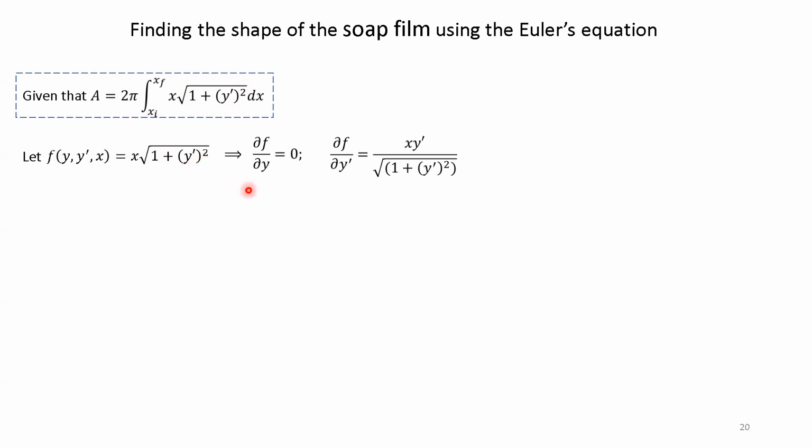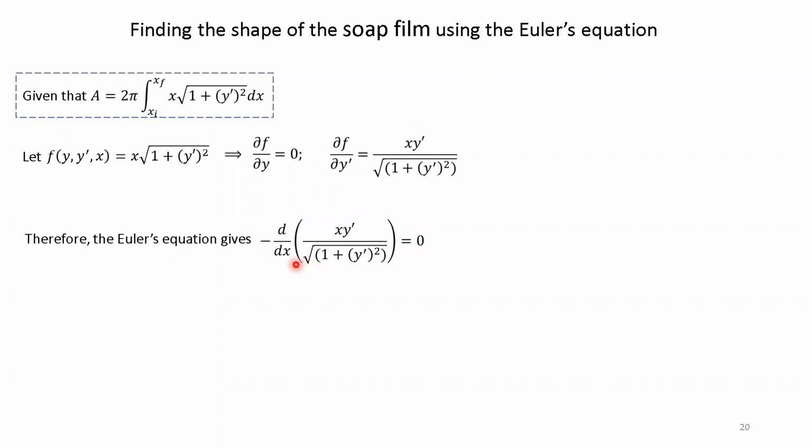To make use of Euler's equation, of course, I need to evaluate these two partial derivatives, which I do here. After that, the Euler equation gives me this result: d/dx of this whole thing, which is partial f over partial y prime, has to equal 0, because partial f over partial y is also 0.